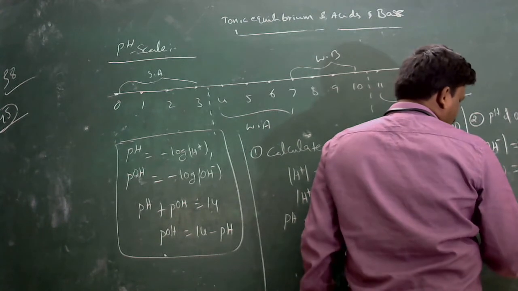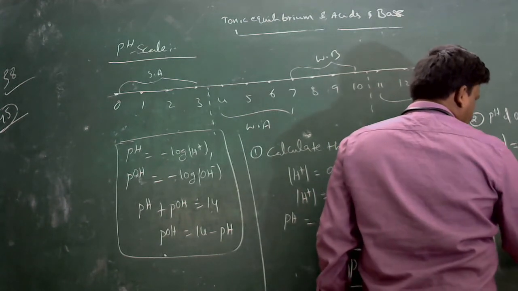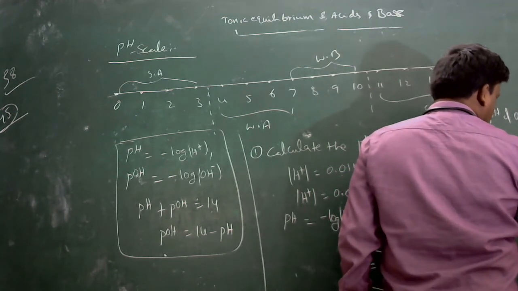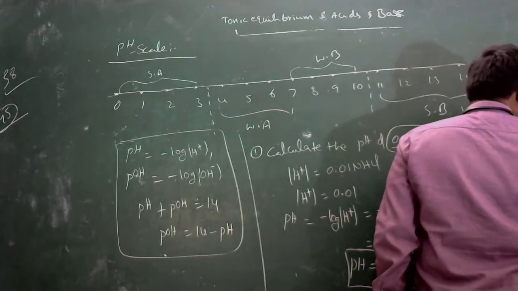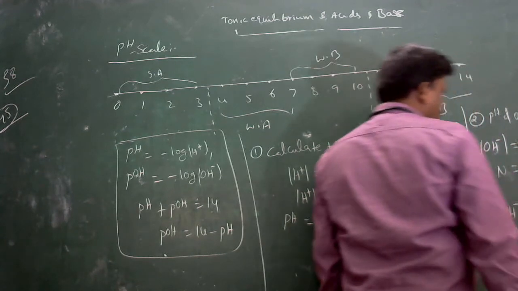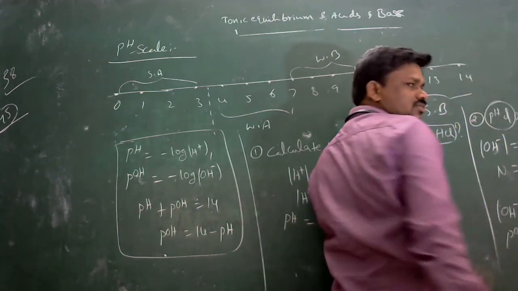Then pOH equals minus log OH minus, that means minus log of 10 power minus 1, that is 1. Here we calculate the pH of the solution.